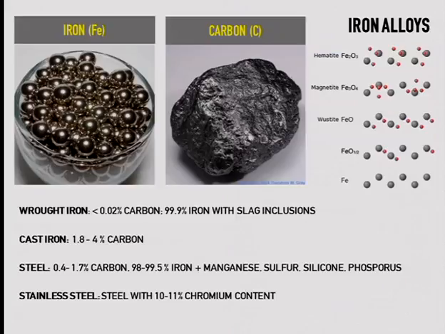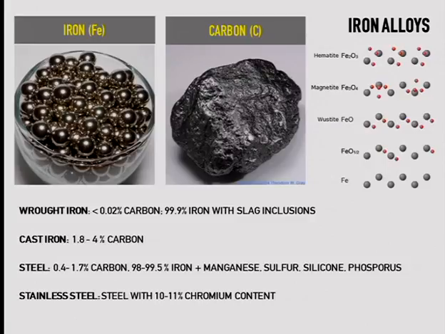And the real difference between iron and different types of iron and steel, the one we use for construction, is the percentage of carbon in the mix. So you see here, wrought iron, that's the purest you can get. The percentage of carbon is smaller than 0.02%, and cast iron is higher than 1.8 and generally ranges between 1.8 and 4%.